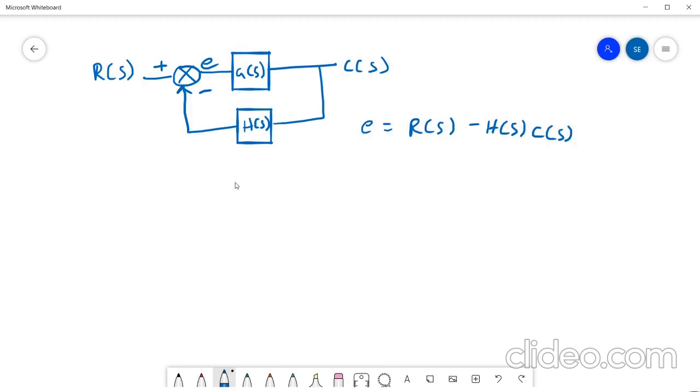What we'll do, we'll take the current measurement, that is C of S at current instant, that is equal to G of S into E. When I'm calculating at the time instant currently, we have to take G of S into the past error actually.